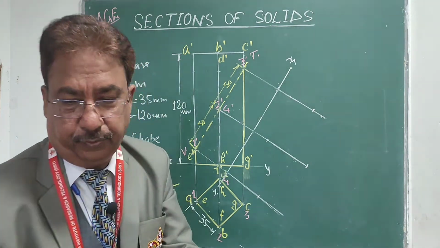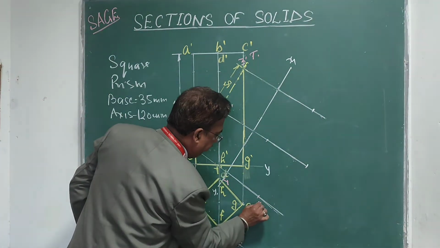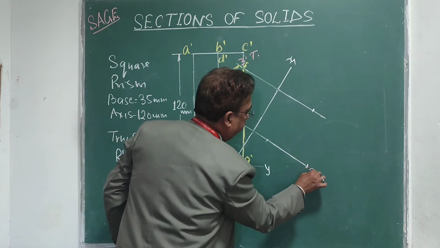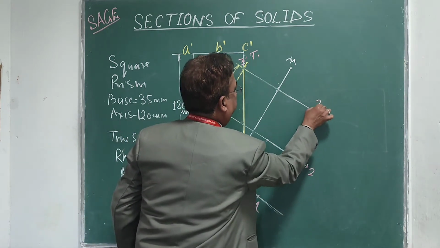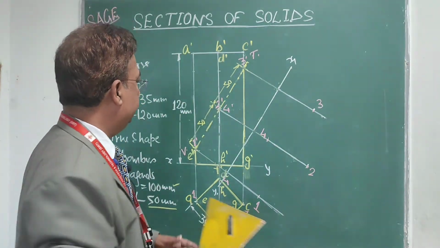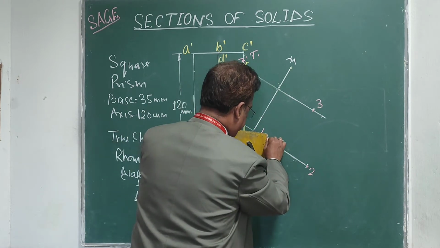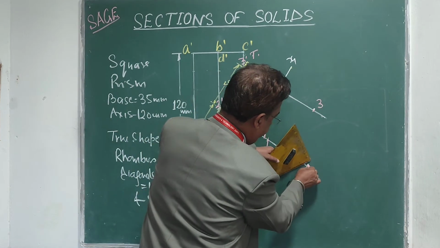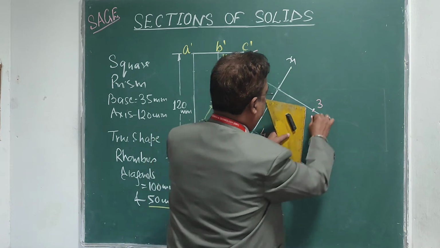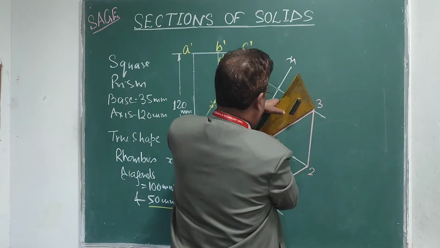So these are the 4 points I can easily get. This will be 1, this will be 2, 3 and 4. Now join all these 4 points with straight lines. You can easily get the true shape of the section.